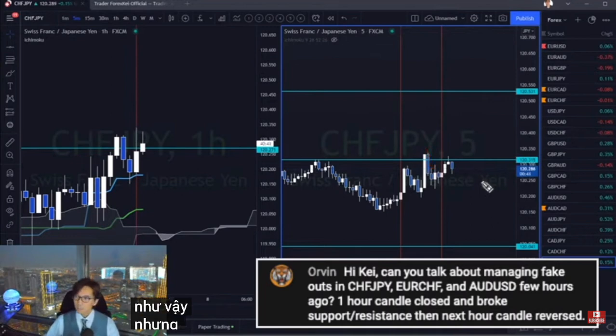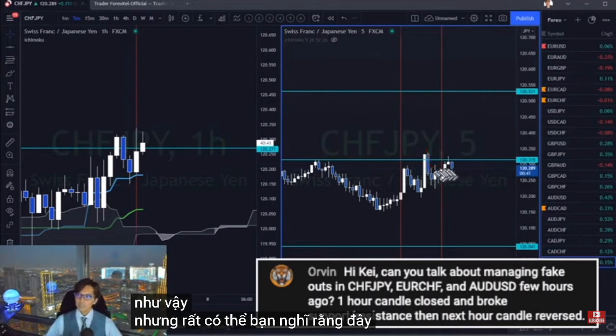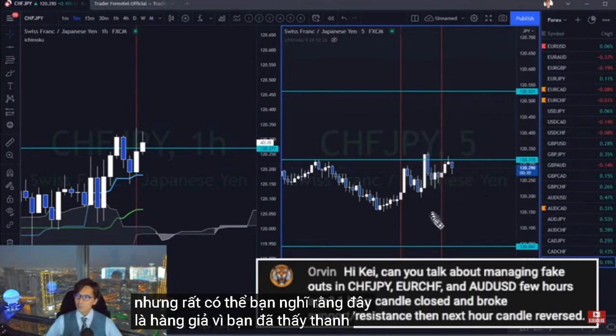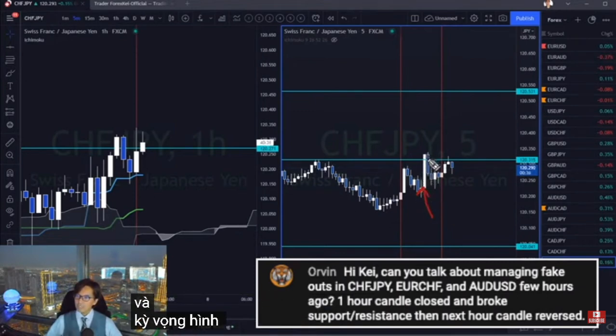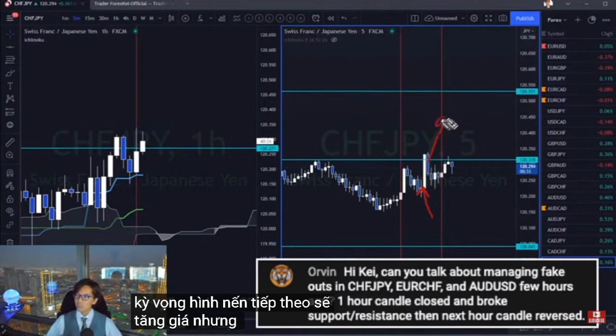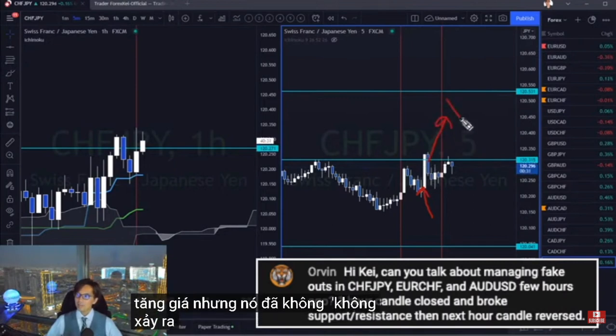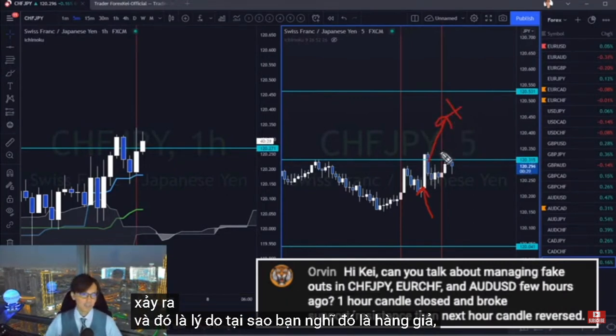But most likely you thought that this was a fake out because you saw this long bullish candlestick in the 5, and you expected the next candlestick to be continuously bullish, but it didn't happen, and that's why you thought it's a fake out.